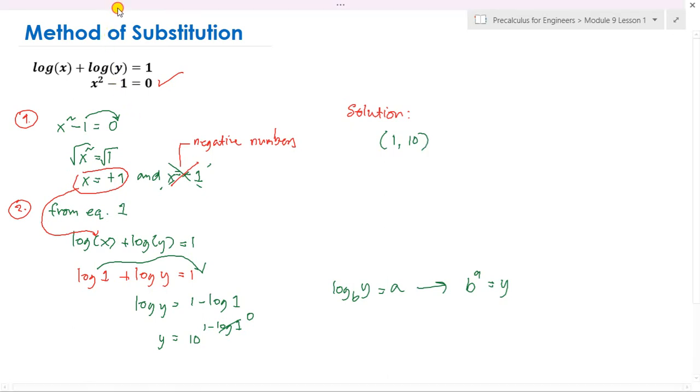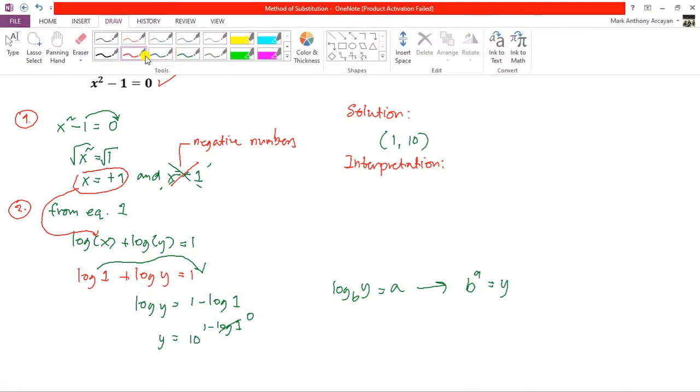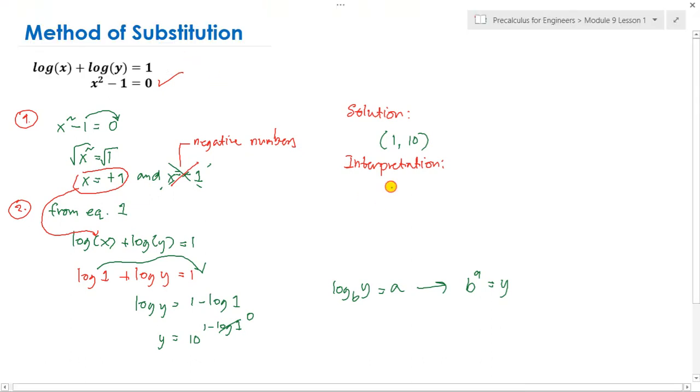And then if we're going to interpret this, since the number in the solution is definite, this would be consistent and independent. Plus, let's try to visualize this using our Desmos online calculator.